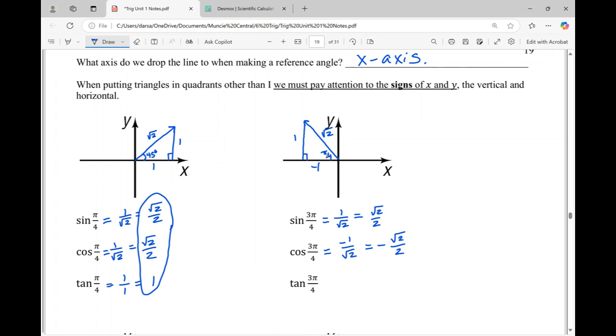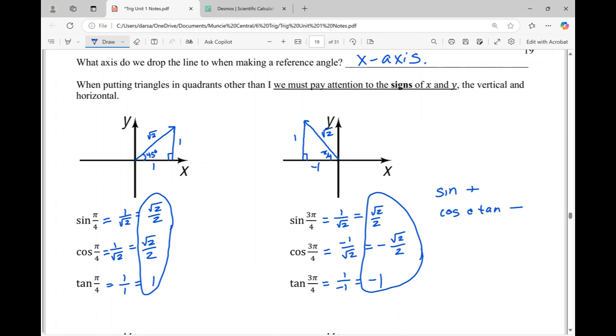And when we do TOA, opposite over adjacent, that's 1 over negative 1, which is a negative 1. So we can see when we get into the second quadrant, only sine is positive. Cosine and tangent are going to be negative.